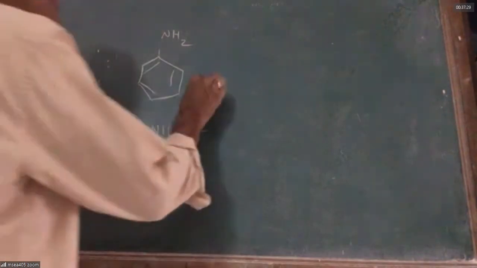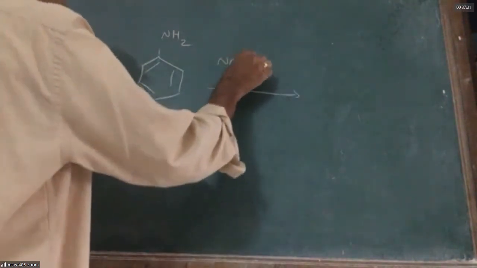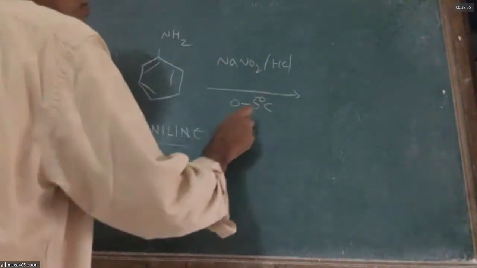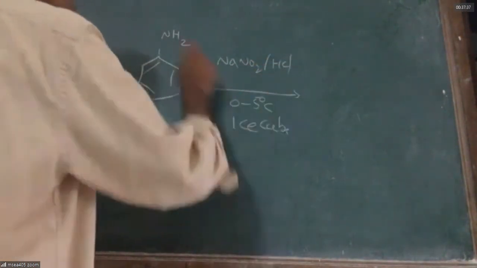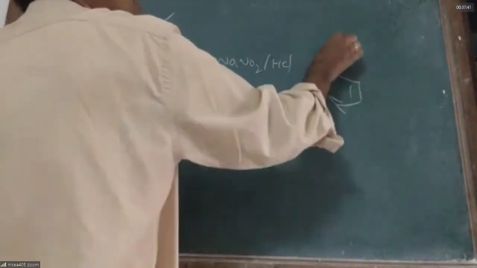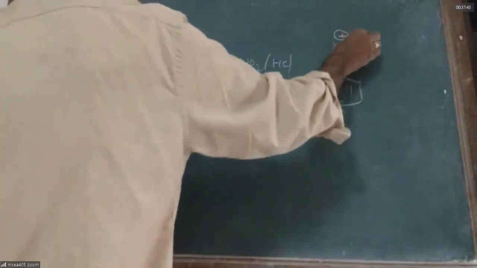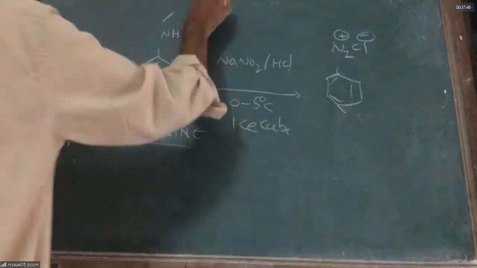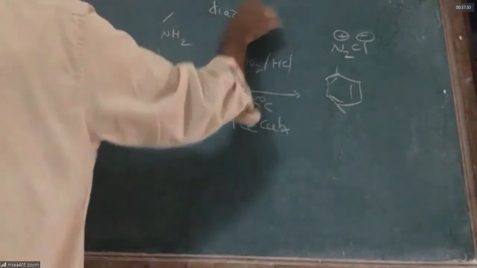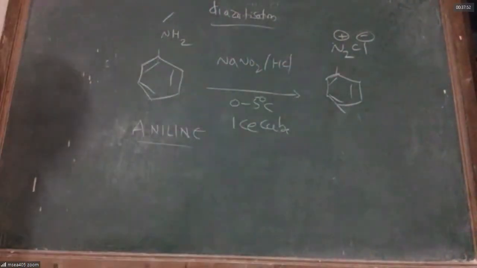The aniline is extracted from indigo leaf. Aniline is an important chemical to make fabric dyes. This aniline, when treated with NaNO2 and HCl at 0 to 5 degrees, ice cubes, will become benzene diazonium chloride. This reaction is called diazotization. The benzene diazonium chloride is a wonderful compound.